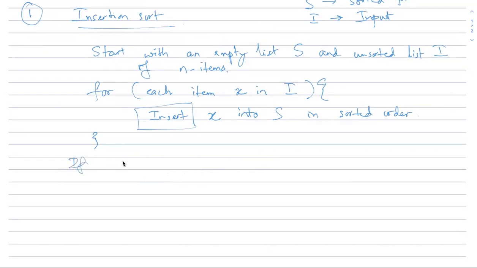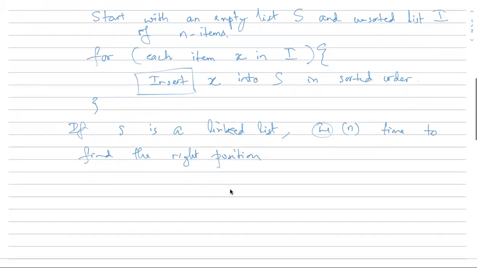So if S is a linked list, then it would take order of n worst case time to find the right position. And therefore, you can see for each item, if there are n items, this overall for loop will be order of n.